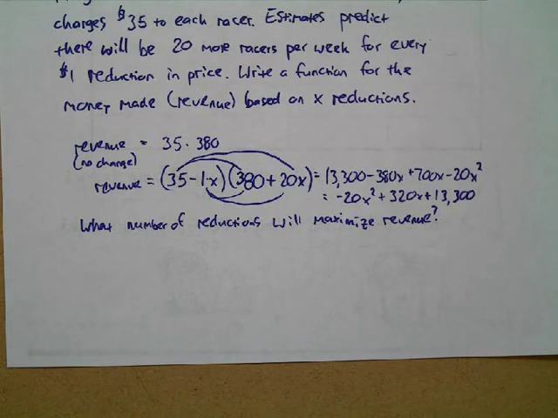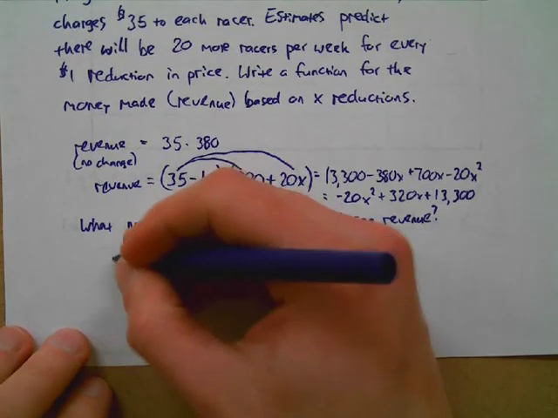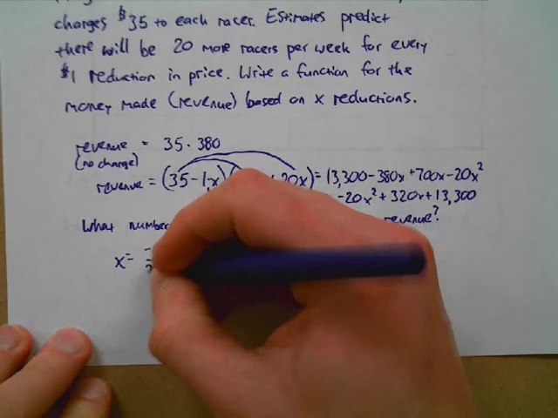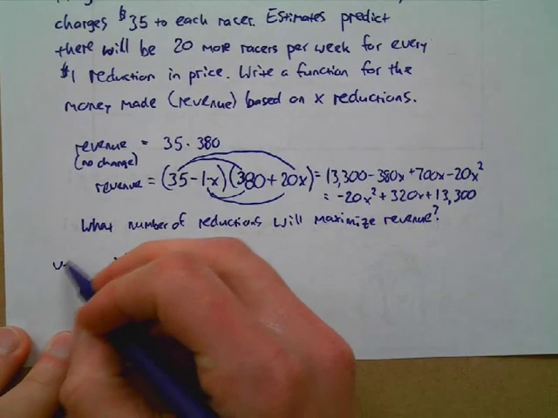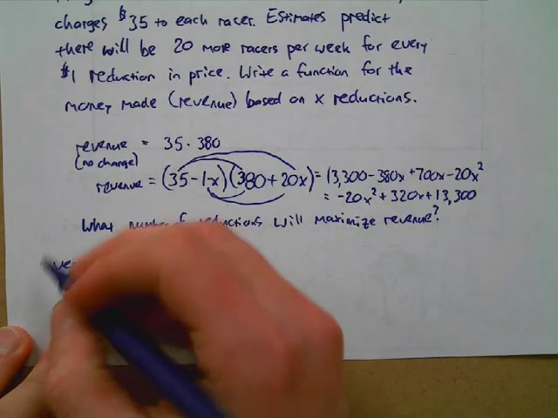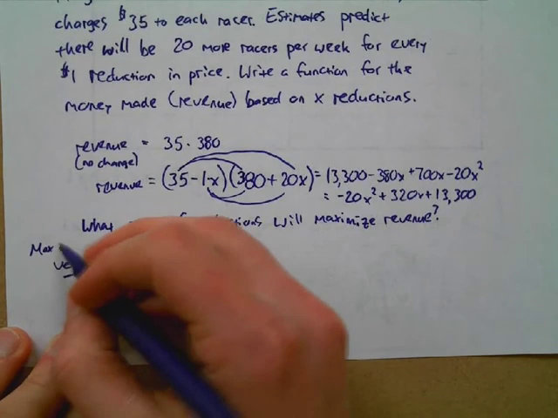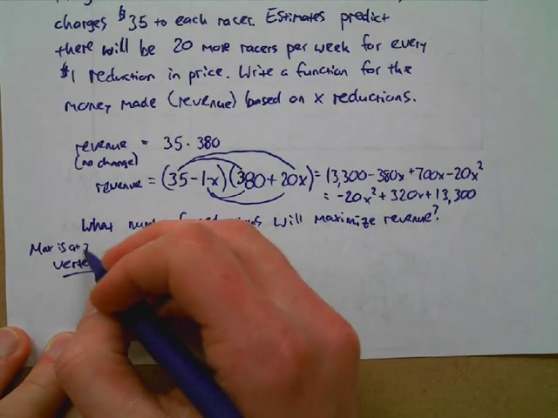How should we find the maximum here? Finding the maximum is the same thing as finding the what of the function? Vertex. The vertex. Find the vertex. Okay? We're just going to find the vertex of this, which is x equals negative b over 2a. Max is at the vertex.